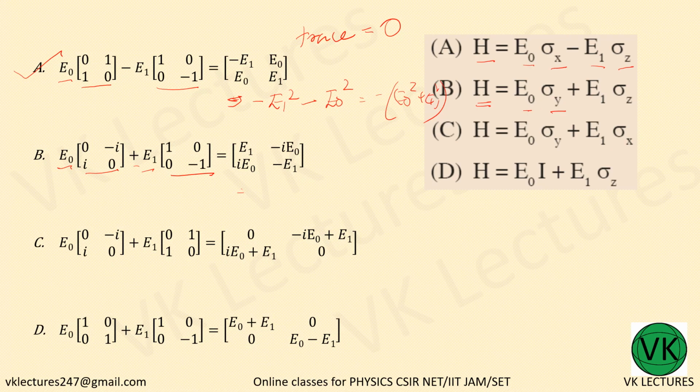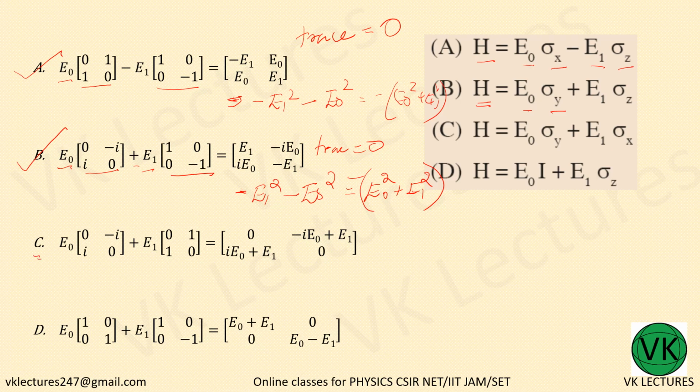The determinant is minus E1², minus of I times I, which is minus 1 times minus 1, plus, so minus again E0². That is minus (E0² + E1²). And similarly the trace, E1 minus E1, is again equal to 0. So option B is also correct.